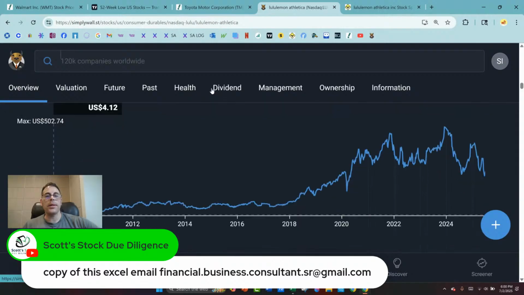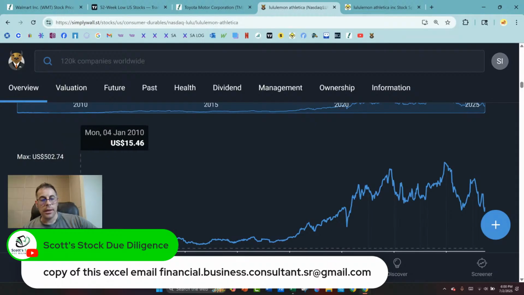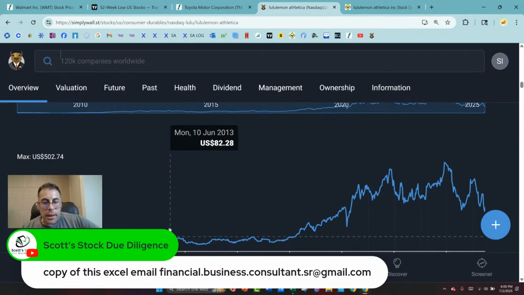So when you look at the stock historically, it was trading pretty low for a few years. So 2007 it IPO'd. So for the first 2 or 3 years, it didn't really move much. And then it started coming up in 2011, and it kind of peaked in 2013.